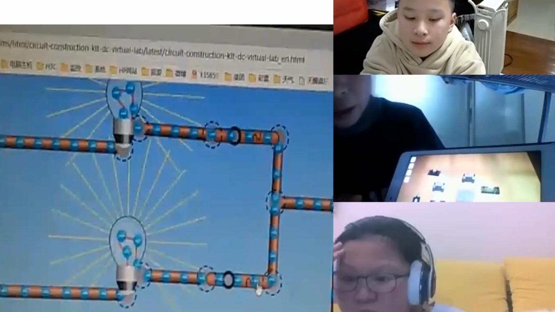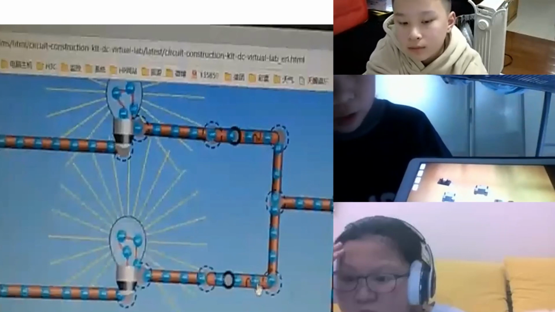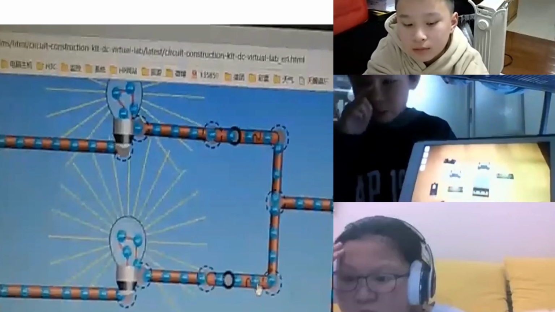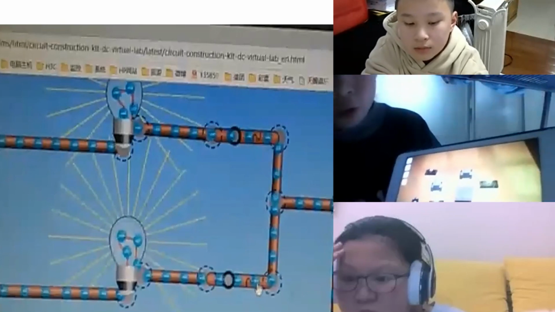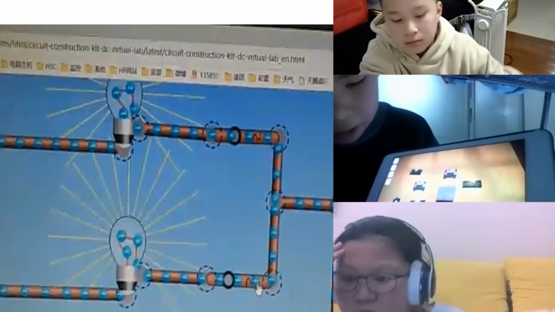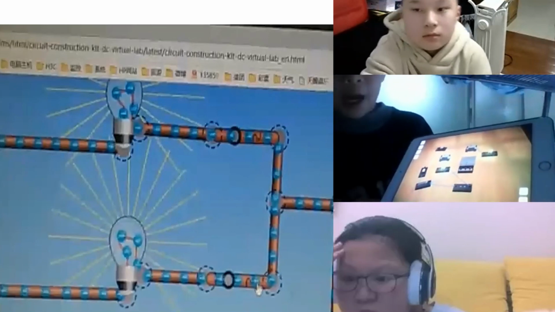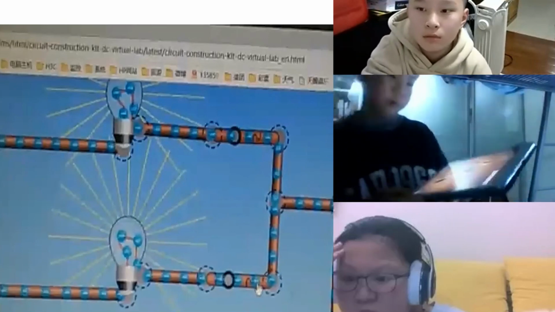Cool. And if the small switch isn't open, and only the big switch is open, it won't light. And if only the small switch is open but not the big switch, the light bulb will not light either.